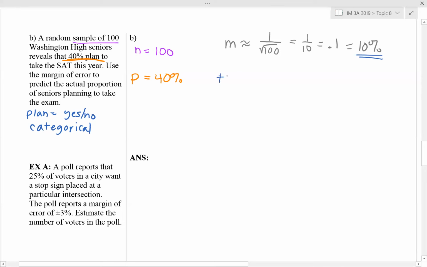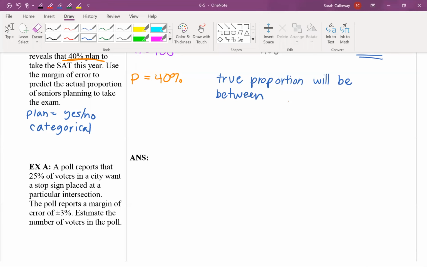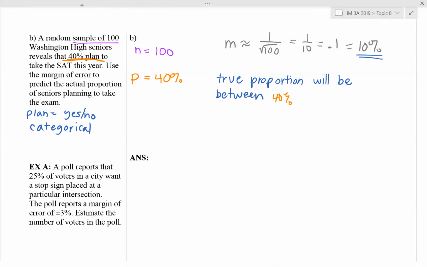So the true proportion will be between that 40% plus or minus that 10%, which is 40 minus 10% is 30%, and 40 plus 10% is 50%.